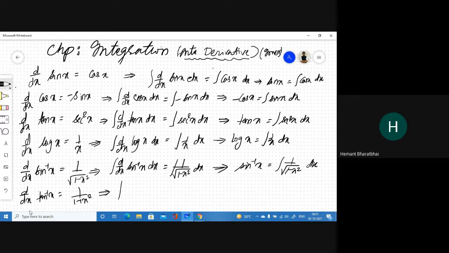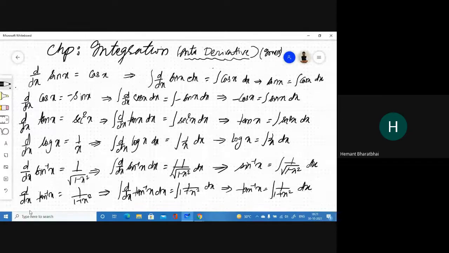So again taking integration on both sides, d dx of tan inverse of x dx is equal to integration of 1 upon 1 plus x square dx. Derivative and integration again get cancelled and I get this. So integration of 1 upon 1 plus x square is nothing but equal to tan inverse of x.